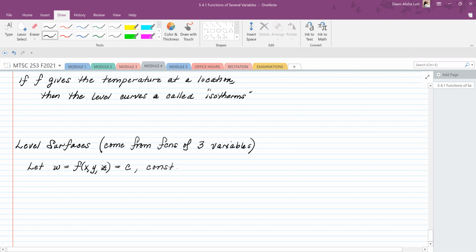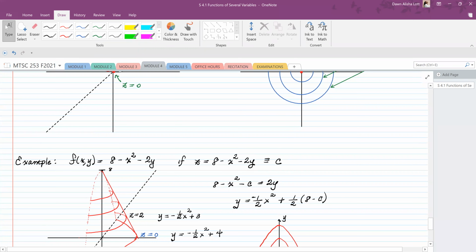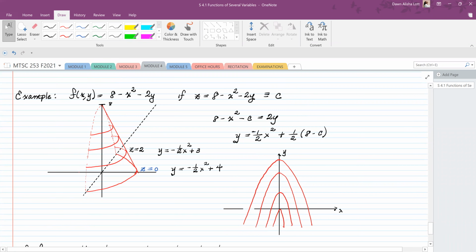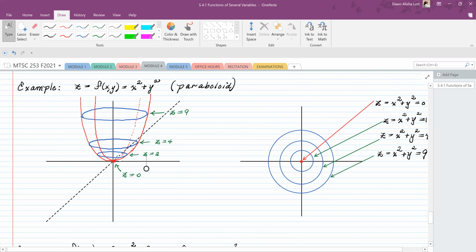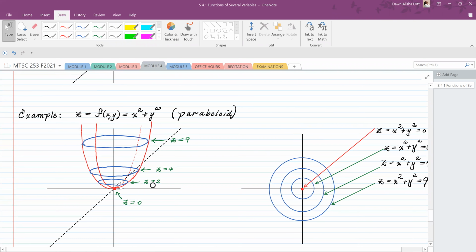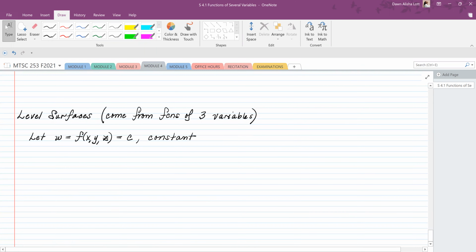Just like you get different level curves for different constants, each at a certain height giving a different picture on the XY plane, now every time the constant changes, you can get a different type of surface. So your surface can change.